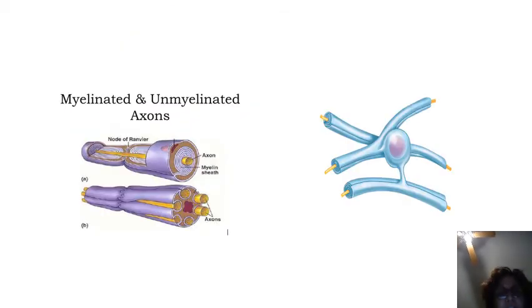The next material looks at myelinated axons and the difference in myelination between the peripheral nervous system and the central nervous system. Remember that in the peripheral nervous system, the cells that myelinate axons are called Schwann cells.